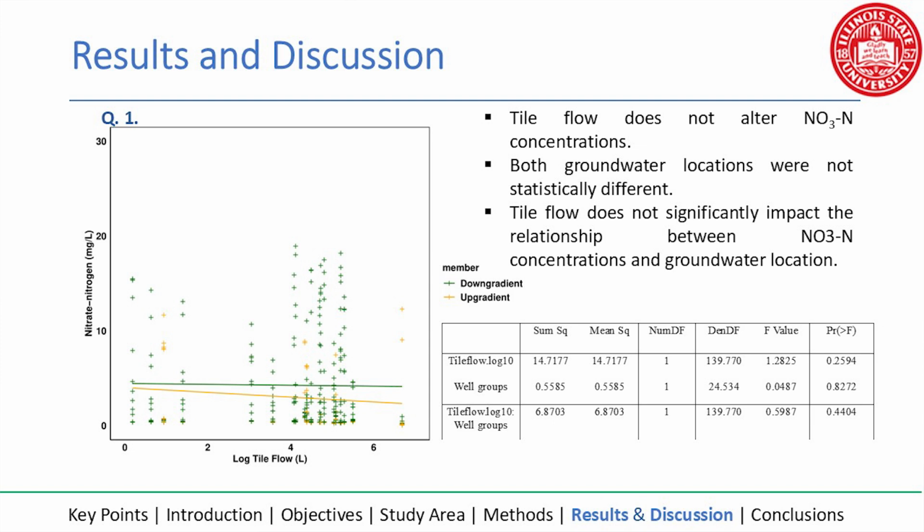So this is the tile flow in liters, and then over here we have the nitrogen concentrations. And what we see, we have up gradient wells that are in yellow, the down gradient wells are in green, and as the tile flow increases, we actually see some higher concentrations in the wells down gradient. We've got some wells in the up gradient area that have some higher concentrations that we're still trying to figure out.